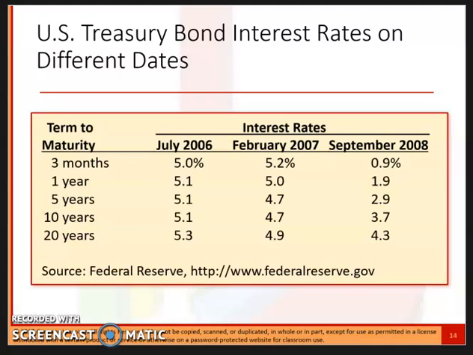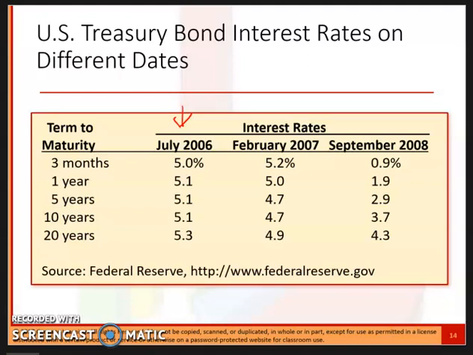The first one is what we would call a relatively flat yield curve, but it is actually slightly increasing. That's July 2006. If we look at February 2007, that's actually 8 months after the yield curve had inverted.